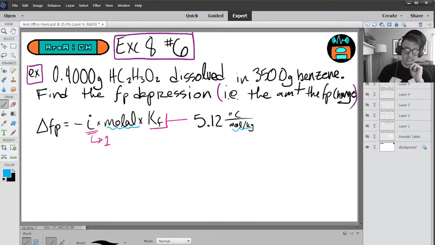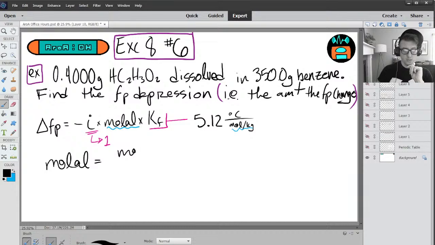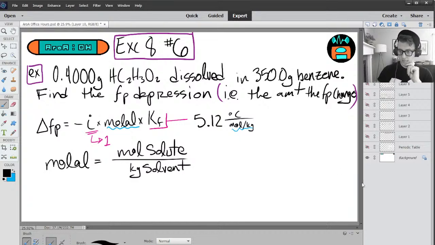And now we need to find the molality of the solution. Now, molality is a concentration unit that is equal to the moles of solute divided by the kilograms of solvent. All right, and the kilograms of solvent are right here, or almost right here, right?